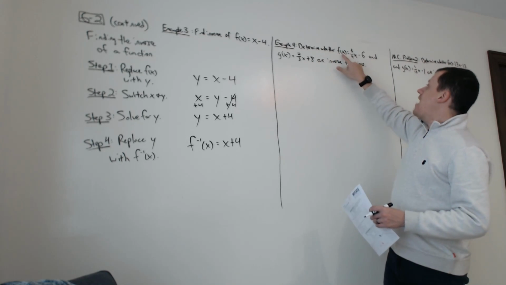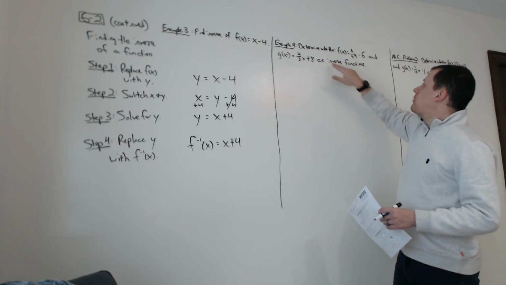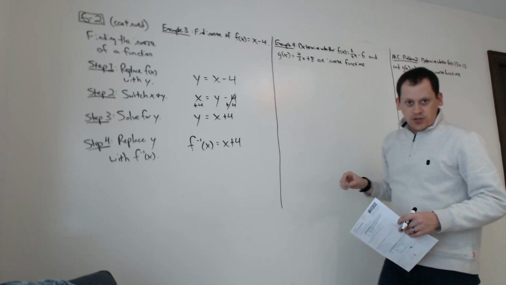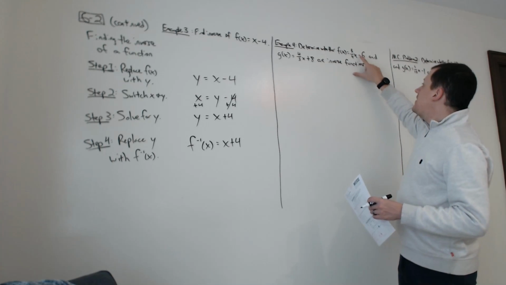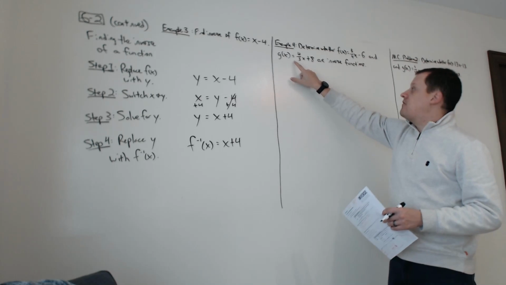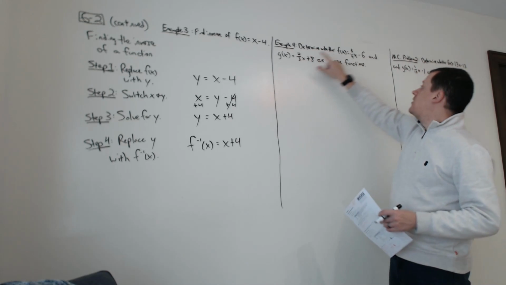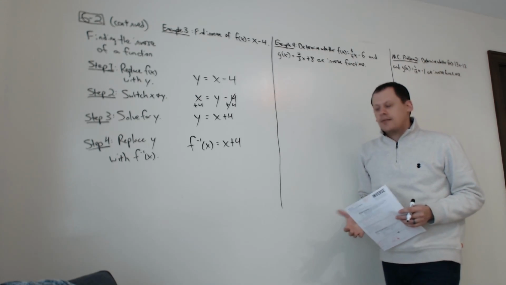So we've got f of x and g of x, and we want to determine whether they are inverse functions. What that means is, it's asking whether if we take the inverse of this, do we get this? And if we take the inverse of this, do we get this? That's one way of doing it.